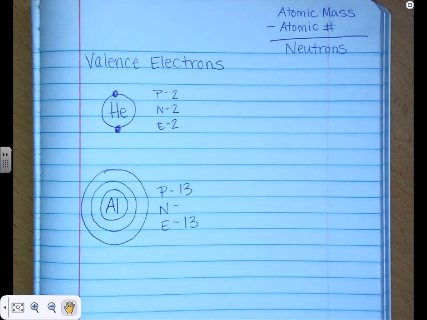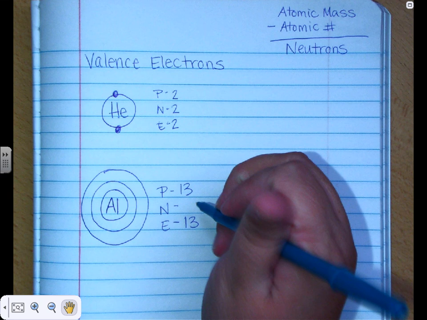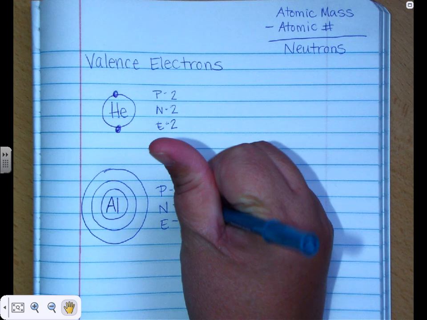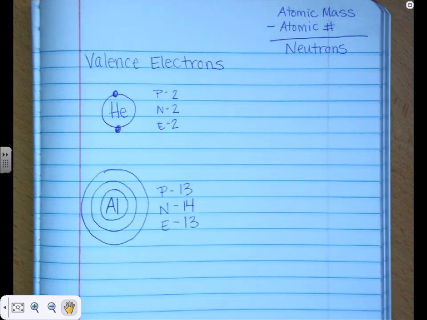Aspen. 14. How do you know it's 14? Atomic mass. Rounded to the nearest whole number, which is 27. And then 27 minus 13 is 14.